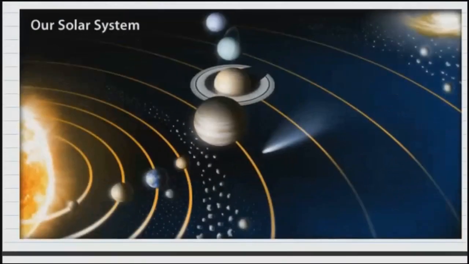Again, in this figure here, the distances between the planets and the Sun are not drawn to scale. Everything has been compressed so that we can fit in the entire solar system. And in addition to planets, what you see here in this region between the orbits of Mars and Jupiter is the so-called asteroid belt, where most of the asteroids live, at about 2.5 astronomical units away from the Sun.